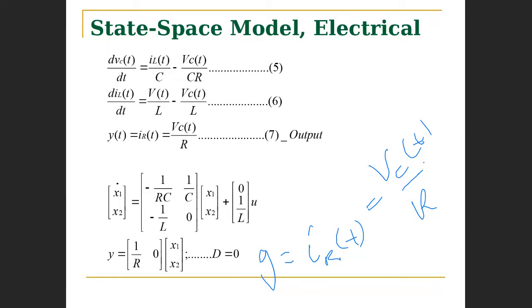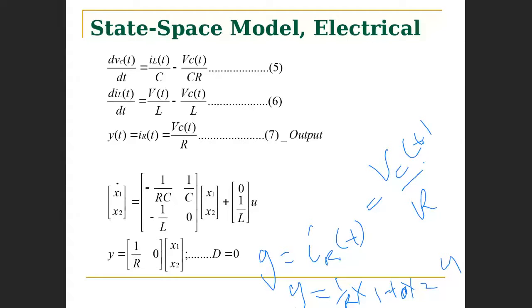So again, to do the expression, we have to do something similar. Y is equal to, and we're going to put x1, x2, and u. What is the coefficient of x1? X1 is VC, therefore it is 1 over R. What's the coefficient of x2? X2 is IL. There are no IL terms, so we put 0.